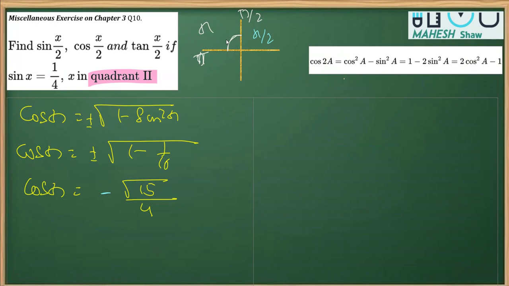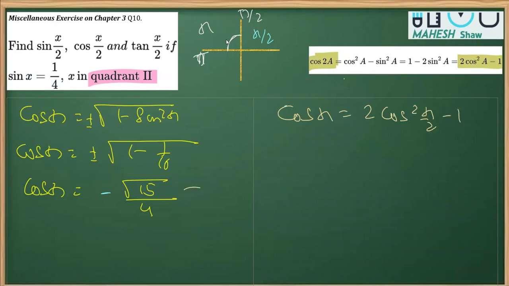Now we are going to determine the value of cos x/2. For that, I'm going to apply this formula, cos 2A is 2 cos² A minus 1. So cos x is equal to 2 cos² x/2 minus 1.